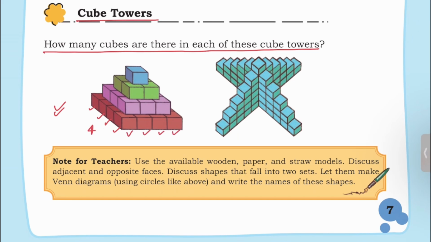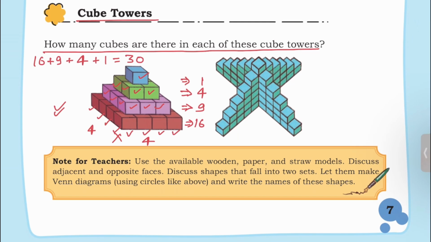That means 4 into 4, that is 16 at the bottom, and 3 into 3, 9 above it, and 2 into 2, that is 4 above it, and 1 at the top. That means 16 plus 9 plus 4 plus 1, that is 30. Number of cubes in the first tower is 30.